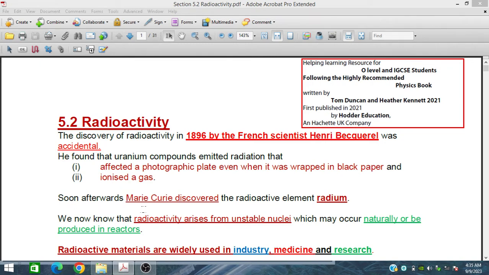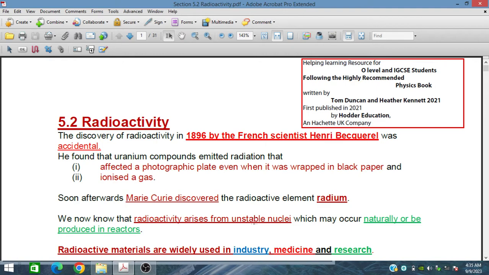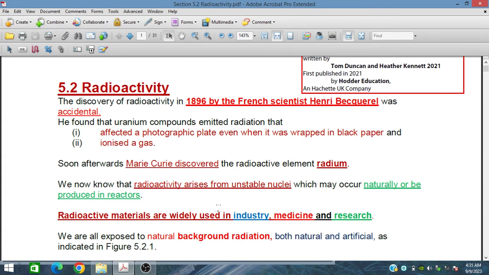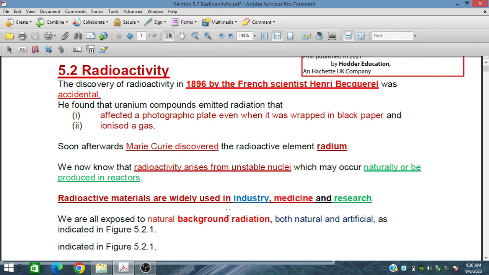Soon afterwards, Marie Curie discovered the radioactive element radium. And we know that radioactivity arises from unstable nuclei. Unstable nuclei are radioactive elements, which may occur naturally or be produced artificially in reactors.